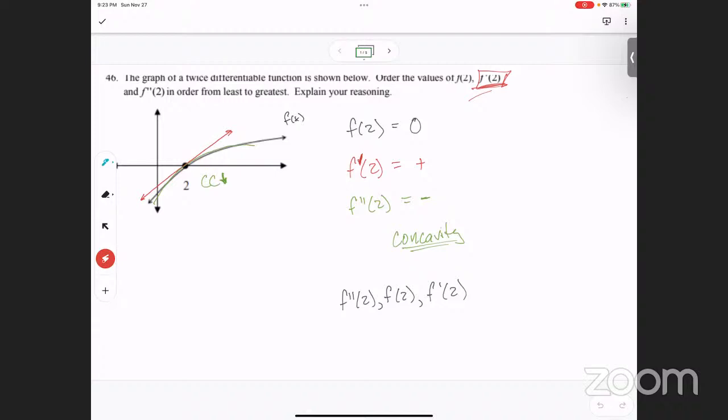All you would know is that if this was the double derivative right here, then it's concave down here and concave up here.